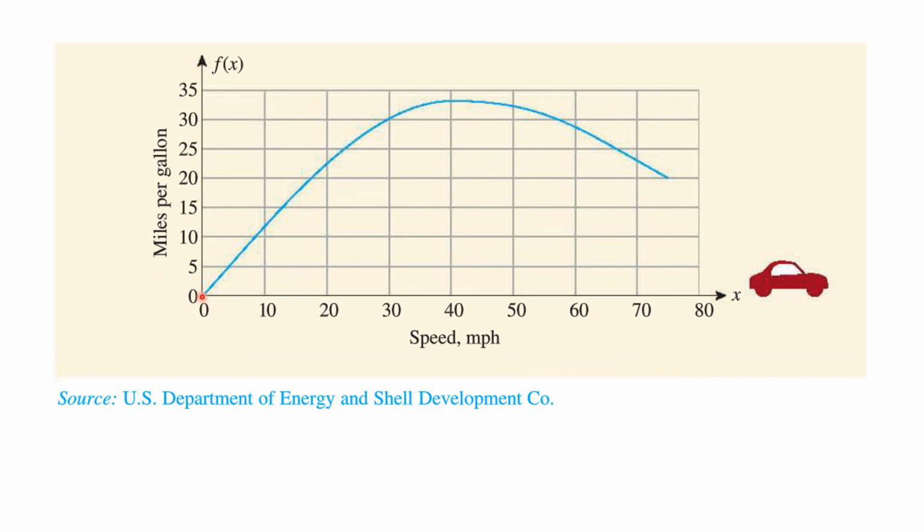So you see, when you go from 0 up to around 40 miles per hour, the faster you go, your mileage increases. And after that, your mileage decreases. And the best mileage happens up here around 42 miles per hour. That's what we're going to be talking about in this lecture.